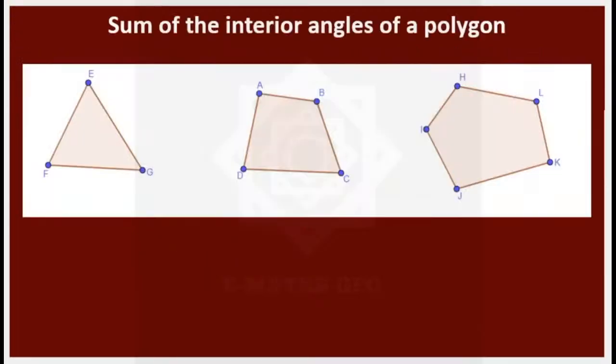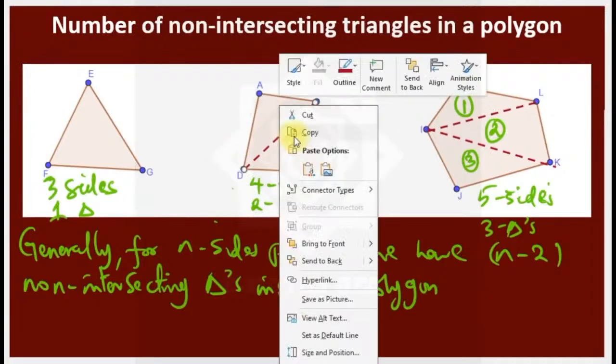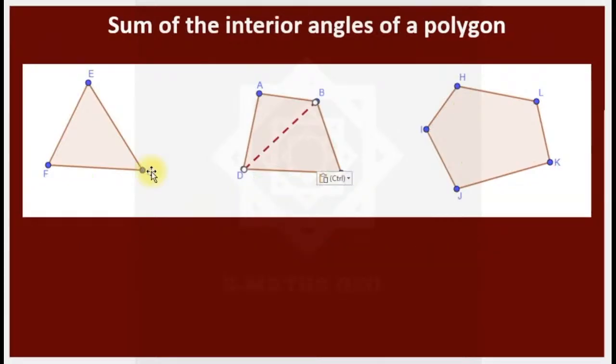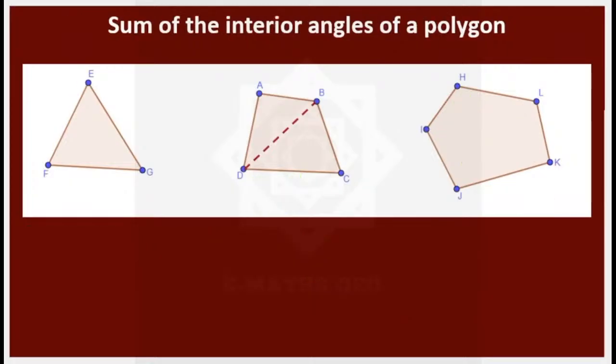So with that, let's look at the interior angles of a polygon. This will help us with the number of non-intersecting triangles. Let me copy this and paste once. So we are going to get a formula. Since we've gotten the number of non-intersecting triangles, we can get the sum of the interior angles of these polygons.